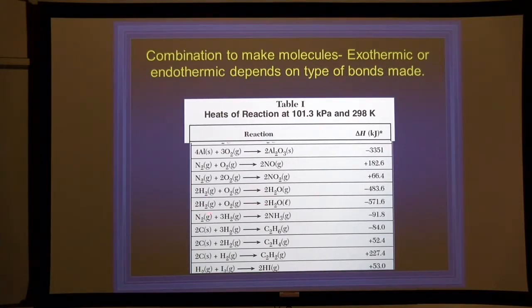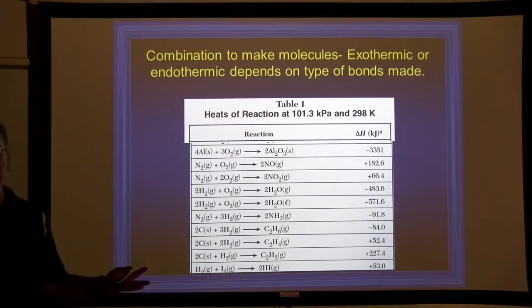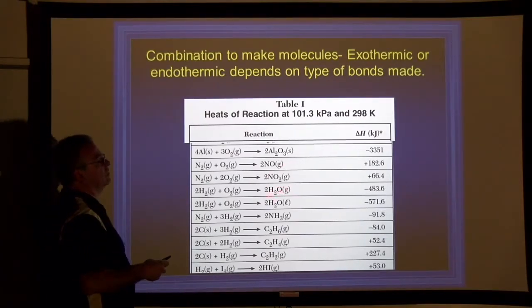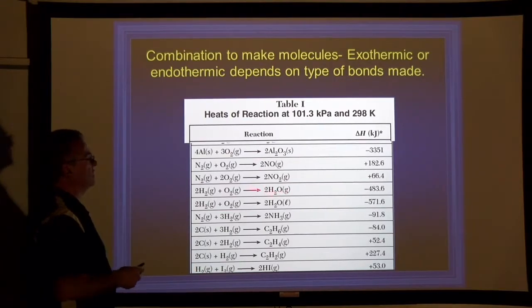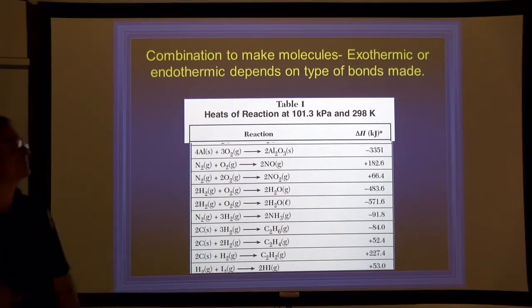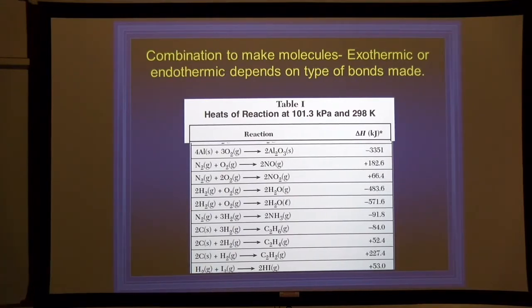You notice that? And these guys here that you make the water with, they have nonpolar covalent bonds, which are a lot weaker and loaded with potential energy. So when I make the new water molecule with these polar covalent bonds, they're a lot stronger than what I started with. That's why that's definitely going to be exothermic. And that's an important chemical reaction because that's what these new fangled electric cars want to use, because it's clean.